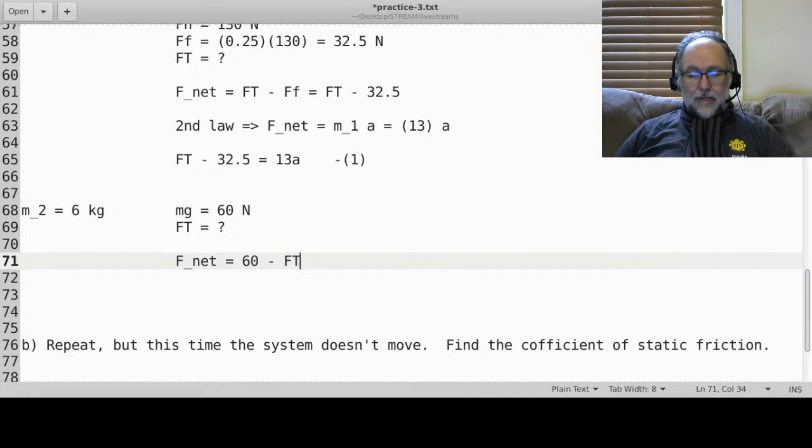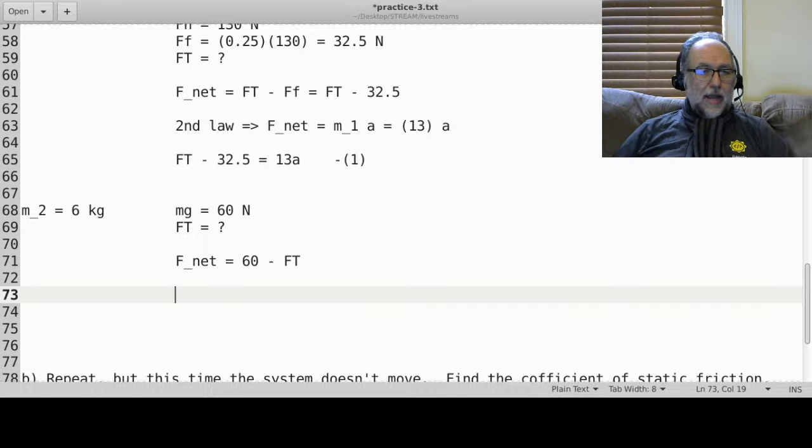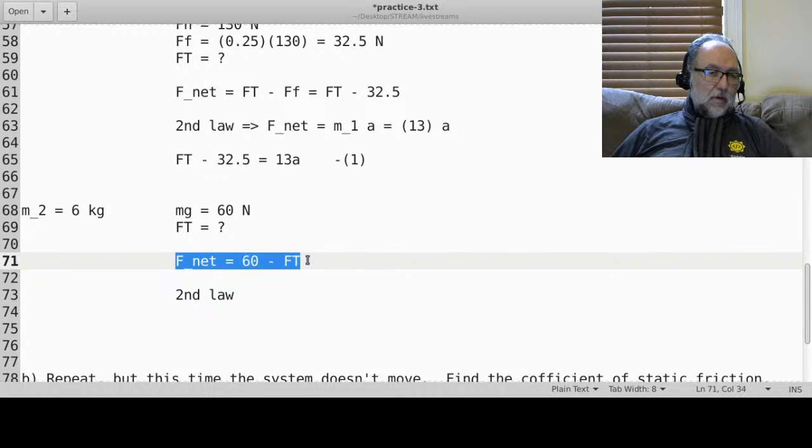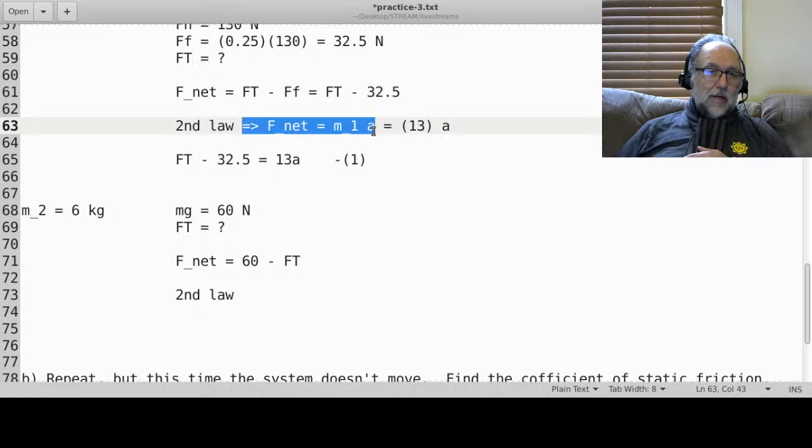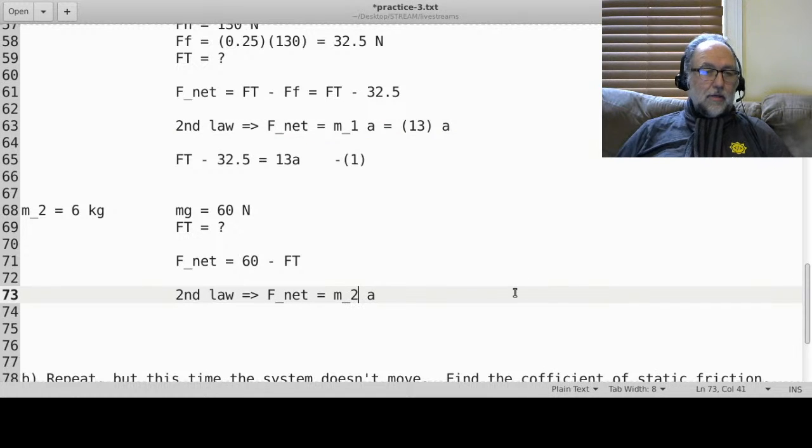All right. Now, the next thing is you say, okay, great. Now what? Second law. Okay. As soon as you've got F net, even if you don't have it reduced to a number, F net, remember, is kind of that bottleneck. You get to it so that you can make use of the second law. You say, okay, great. Now the second law says that F net is equal to M2A. All right, like that.